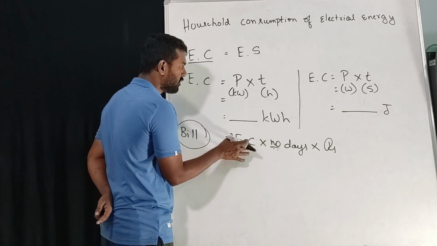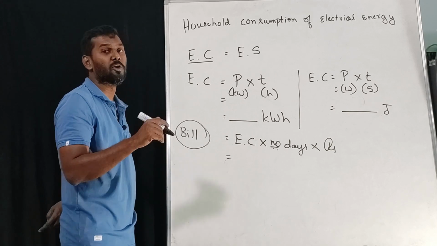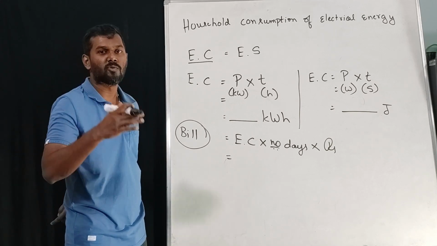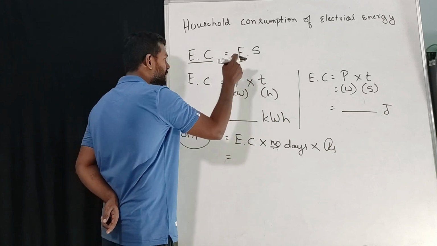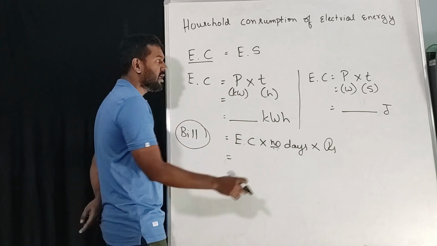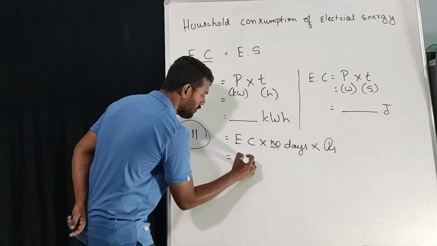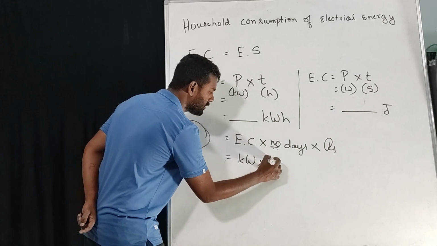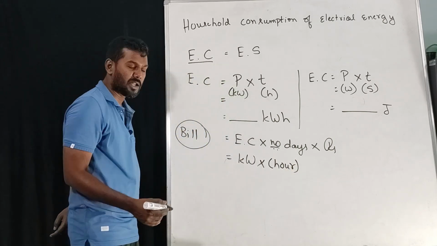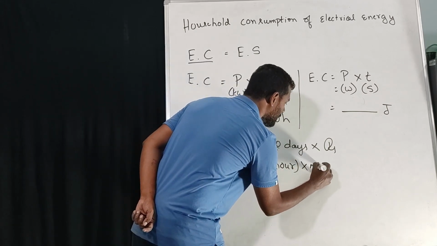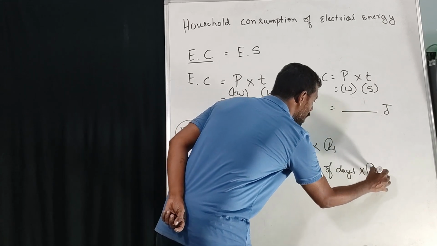Most of the time we have to use the kilowatt hour method only, because the rupees value will be given per kilowatt hour. For 1 kilowatt hour it is 4 rupees, for 1 kilowatt hour it is 5 rupees 25 paise, all those things. So most of the time we'll use this formula to find the electricity bill, not the other one. So this will be power in kilowatt into time in hours, for how many hours, into number of days, into rupees.